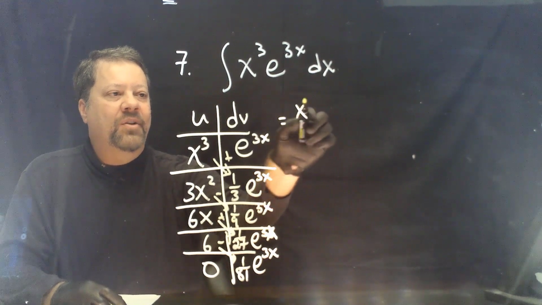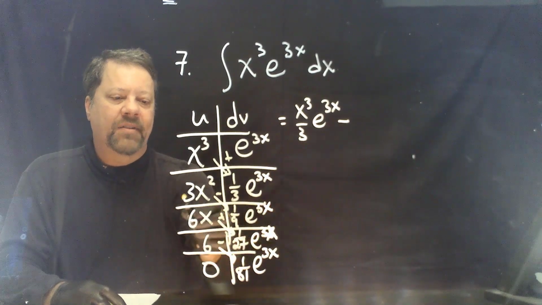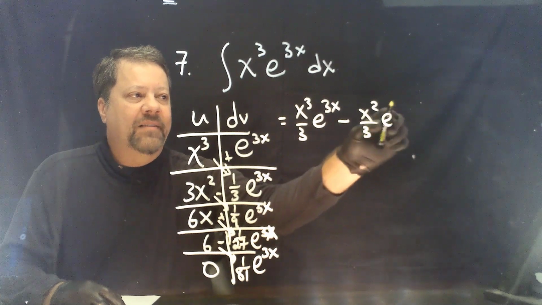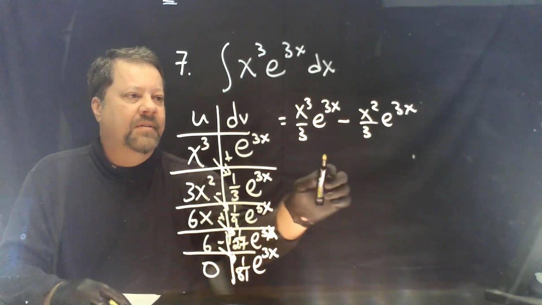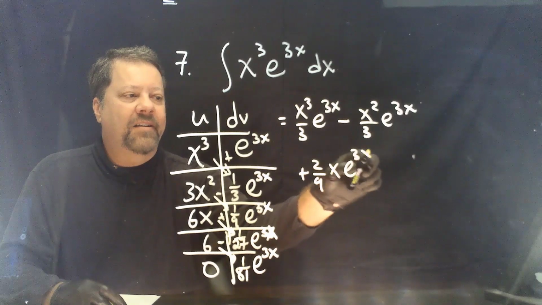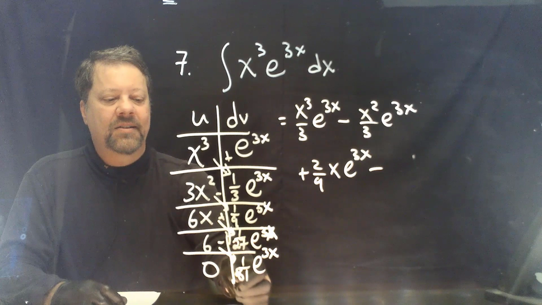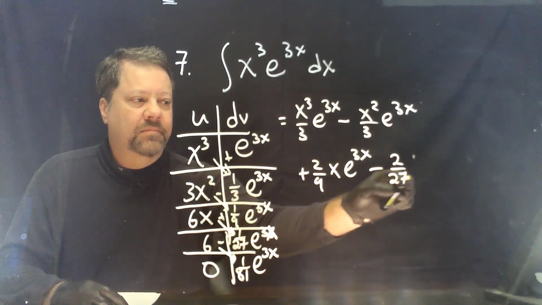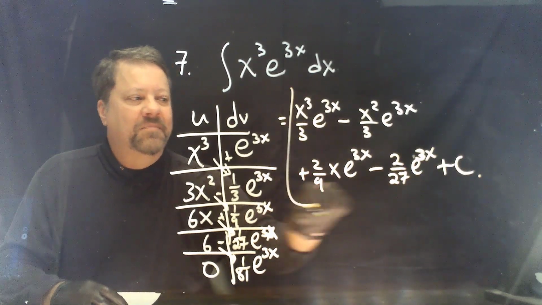So you have x cubed over 3 e to the 3x minus 3 divided by 9, that's 1/3, x squared over 3 e to the 3x. 6/27, that's 2/9, plus 2/9 x e to the 3x, and then we'll subtract 6/81, that's 2/27 e to the 3x plus c.